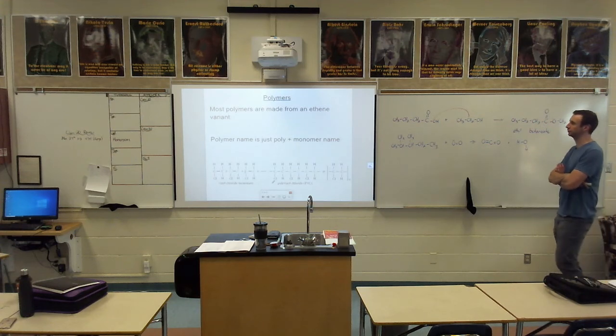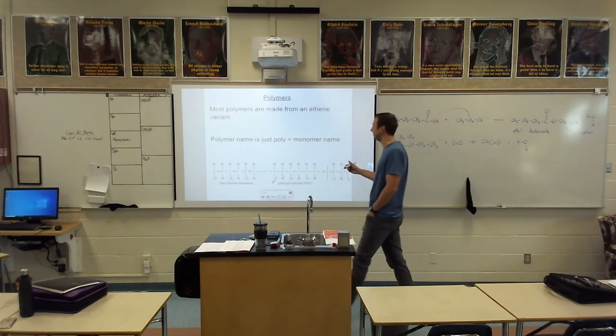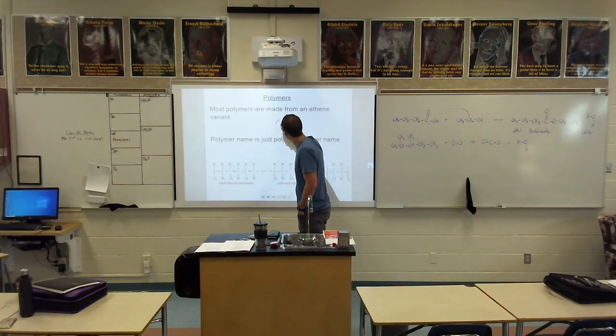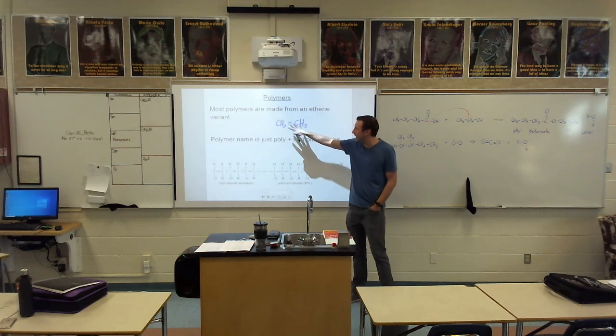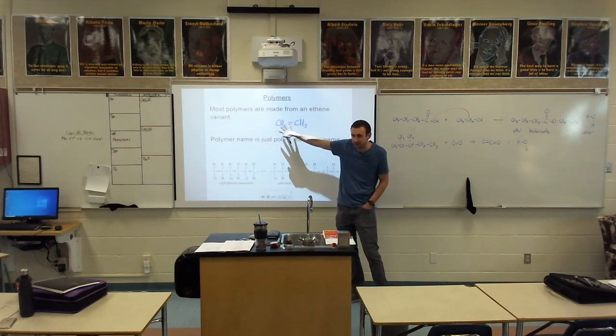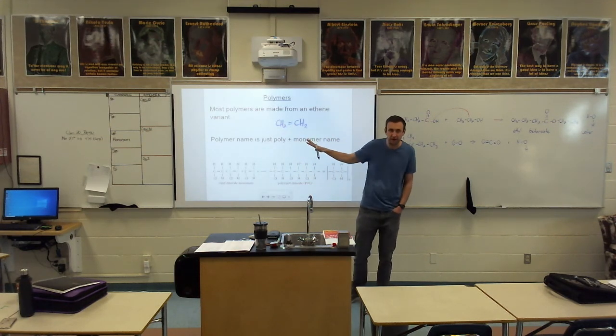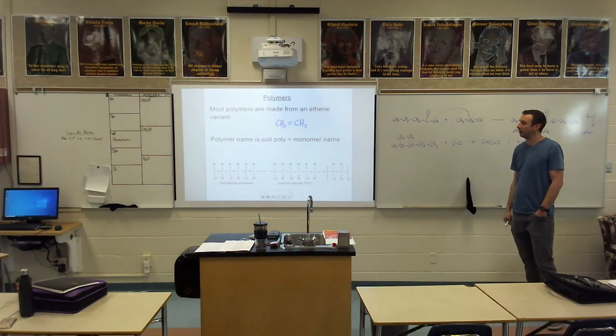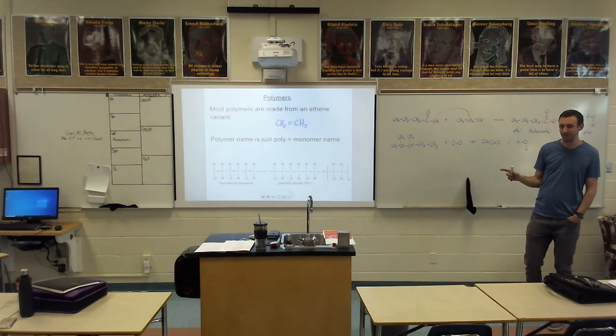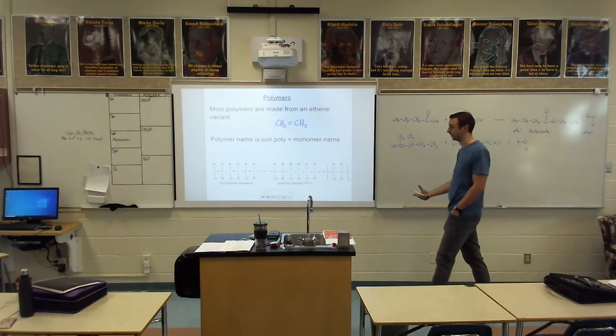Polymers, most polymers are made from an ethene variant. So ethene being CH2 double bonded to another CH2. Most polymers are made by addition by this as kind of its backbone. There can be other stuff on there, but it's going to have a double bond between two carbons. In order to come up with a polymer name, I just take the name of the monomer and add a poly to the front.